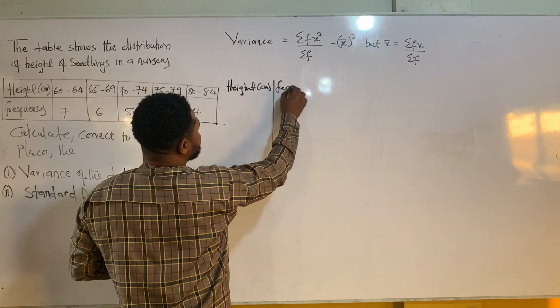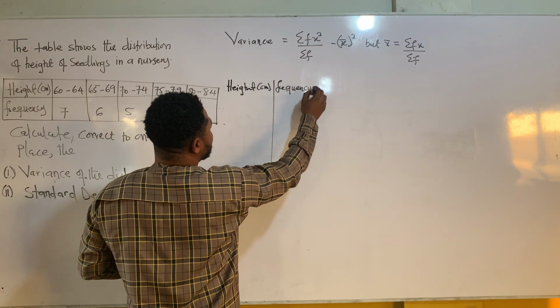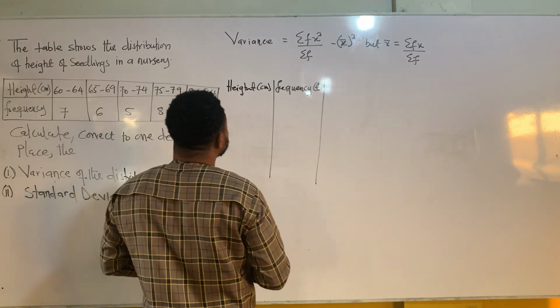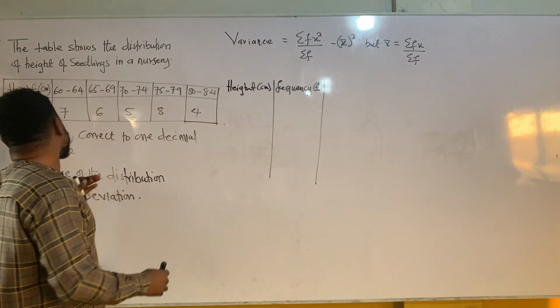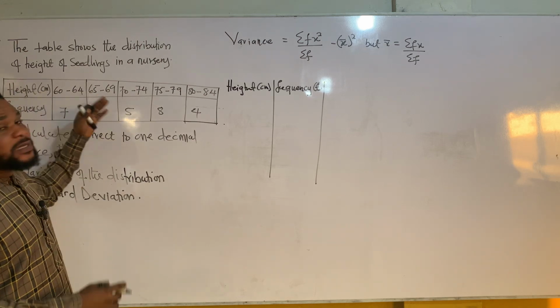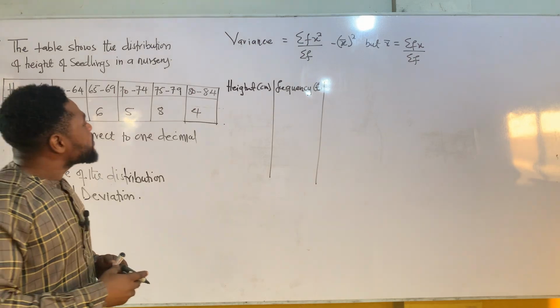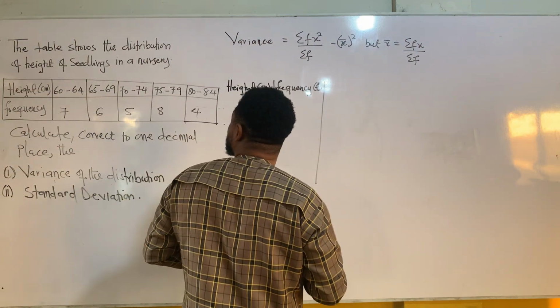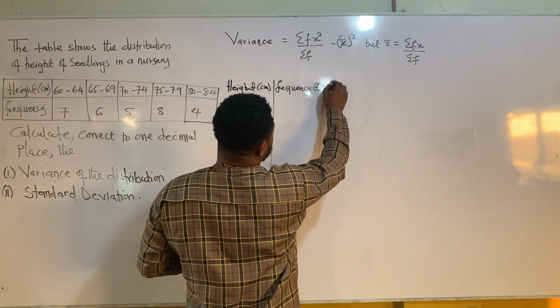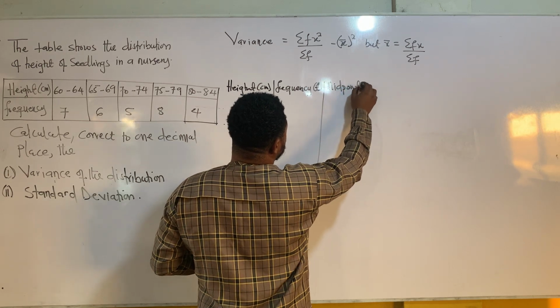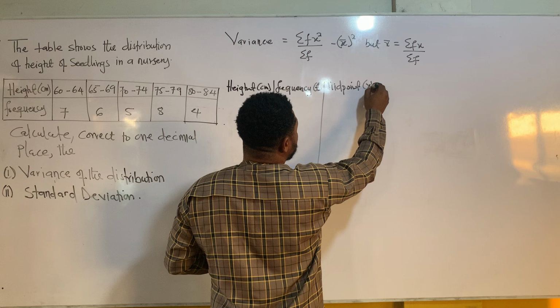All right, we have our frequency, and that represents our f. And because this data has class interval, or it's made up of intervals, we need to get our midpoint. So we look at the midpoint so that we can get our x.